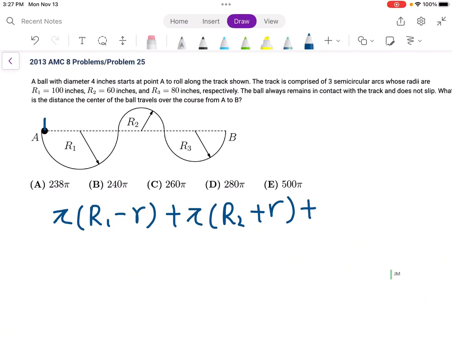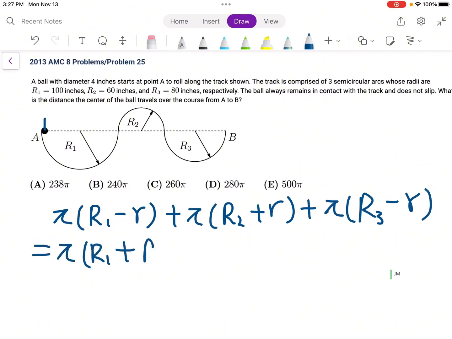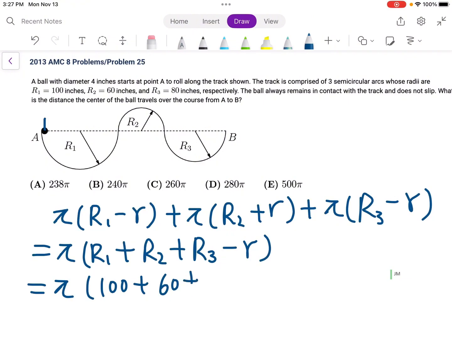And for R3, it's pi R3 subtract the small r again. And let's simplify that. We get pi times R1 plus R2 plus R3 subtract small r, and that's pi times 100 plus 60 plus 80 subtract 2, and that's 238 pi. So the answer is A.